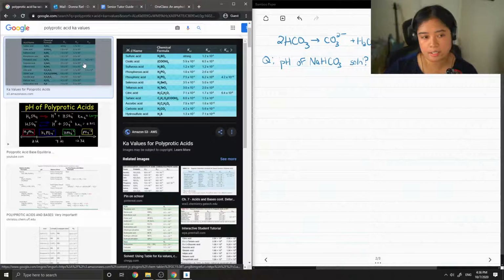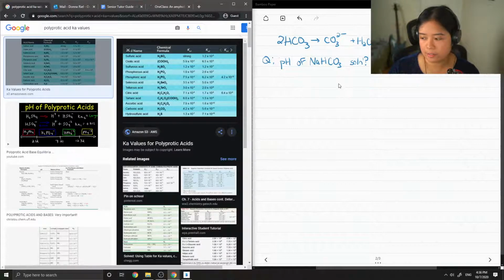Ka is the acid dissociation constant. In our case, we're looking for carbonic acid, which is found here. Its Ka1 value is 4.2 times 10 to the negative 7, while its Ka2 value is 5.6 times 10 to the negative 11. So I'm just going to write these values down.